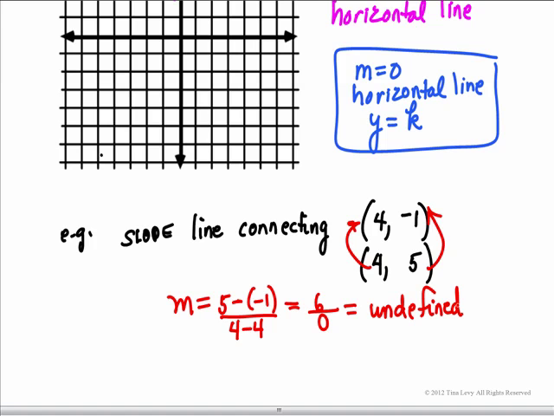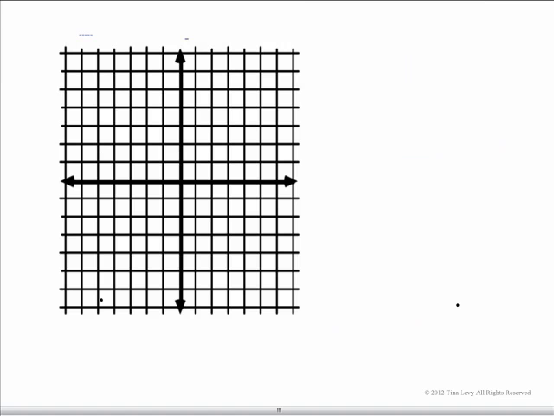We'll go to the next page and graph what this line looks like. We had the line connecting the point 4, negative 1, and 4, 5. 4, negative 1: we go over to 4, down to this point. Let's call that point A, 4, negative 1. Then 4, 5: we go over to 4 and up 1, 2, 3, 4, 5.